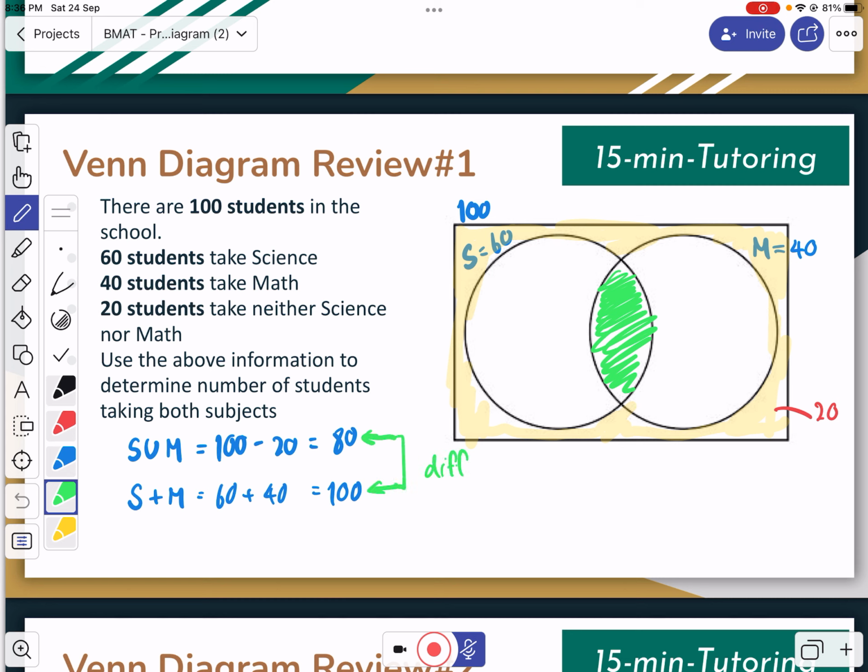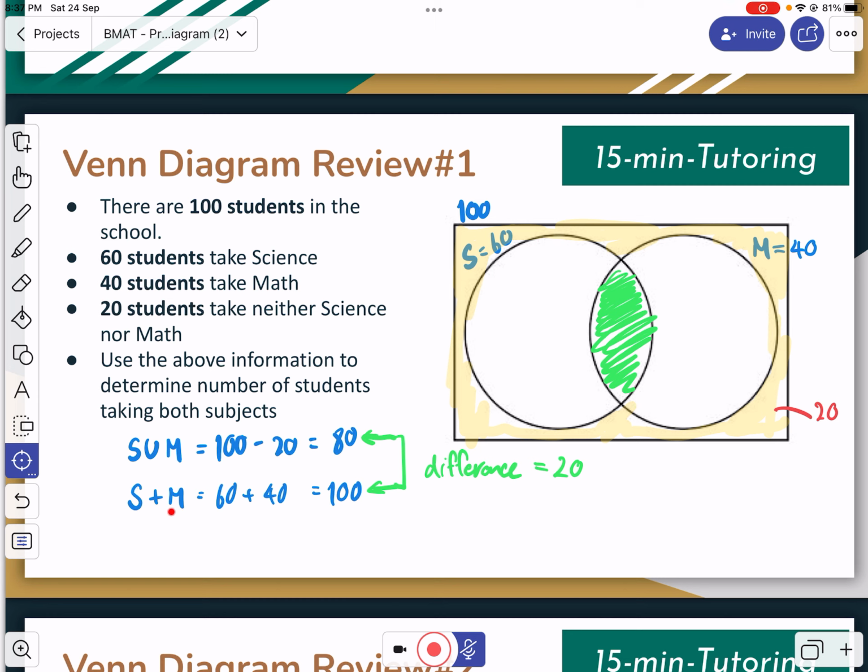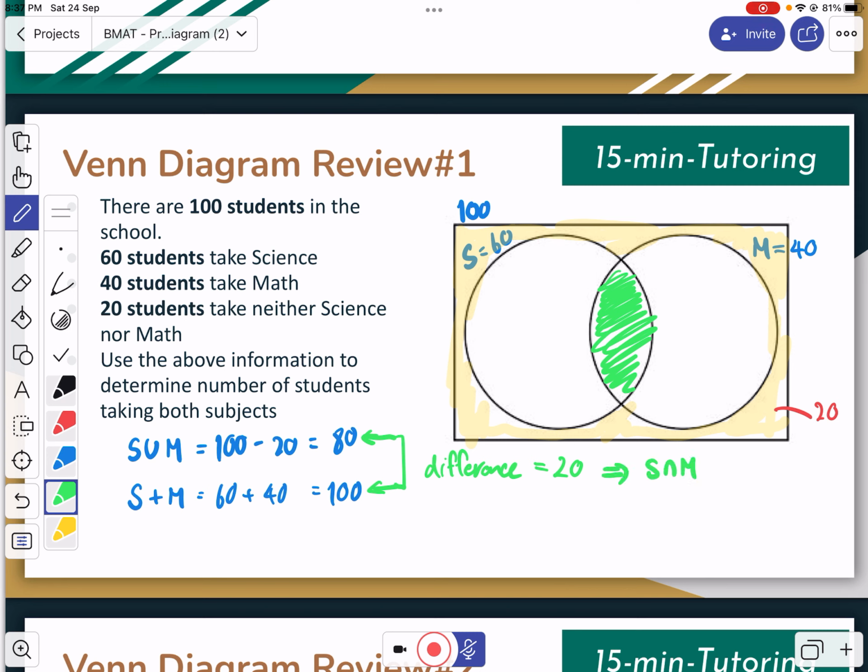The difference is 20, and that is the number of people who are double counted in the second scenario when we do S plus M. Or in this case, the number of people who are double counted, those are people who take both science and math. So we conclude that S intersect M, or the number of people who take both subjects S and M, that will be 20 people.